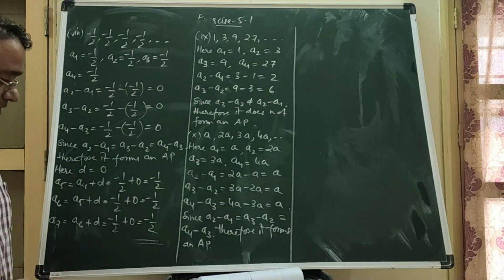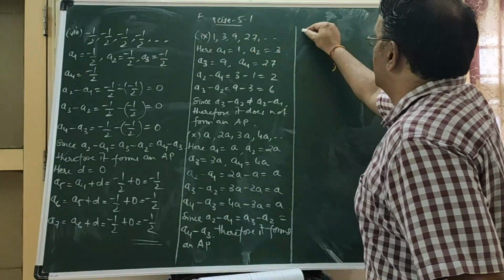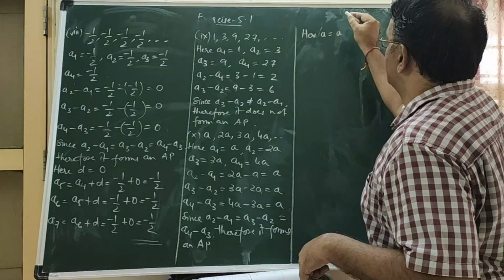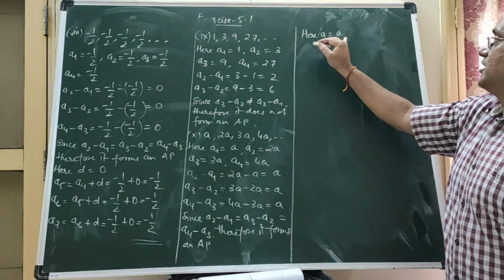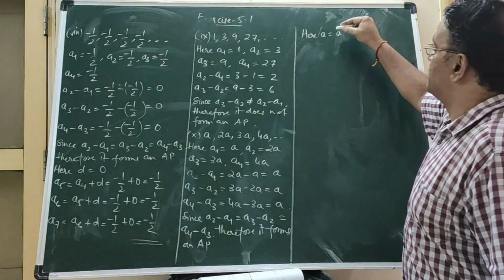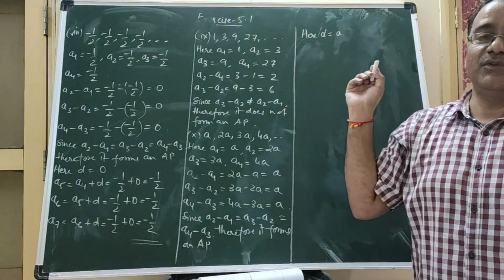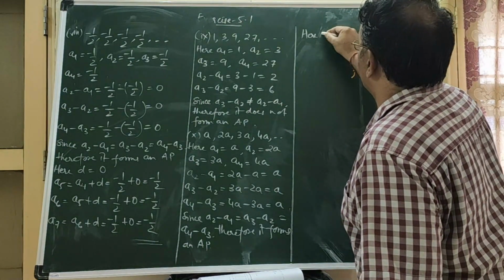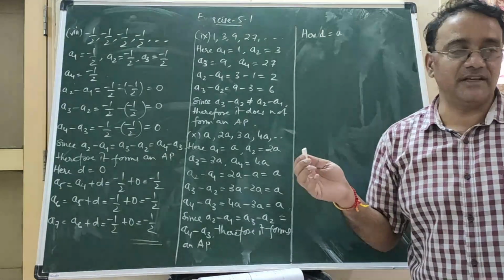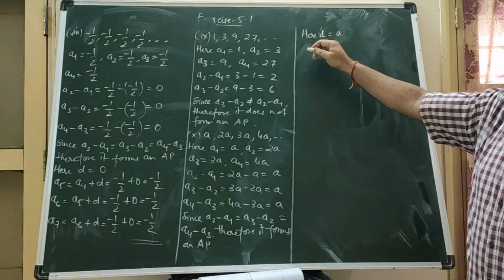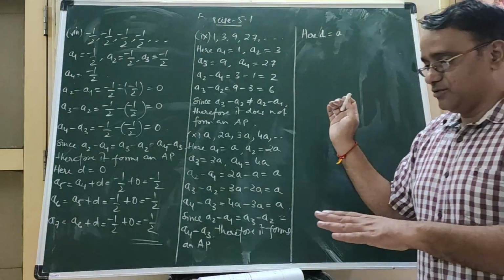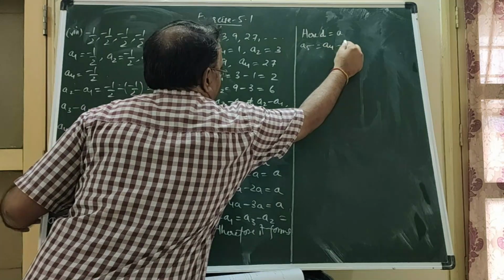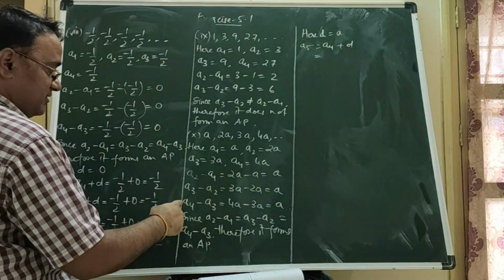So it forms an AP, that means we have to write the common difference. What is the common difference here? A. We don't need the first term here, we need the common difference. So here the value of the common difference D is equal to A. And the fifth term we have to find, that is A4 plus D. What is A4? 4A.